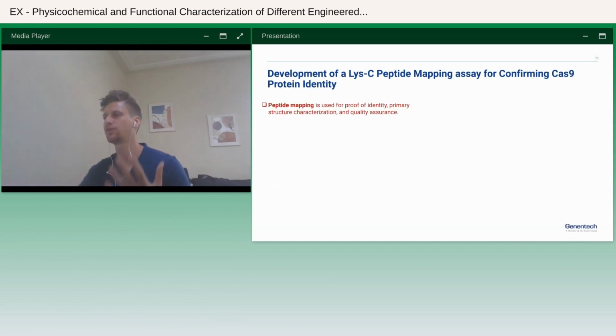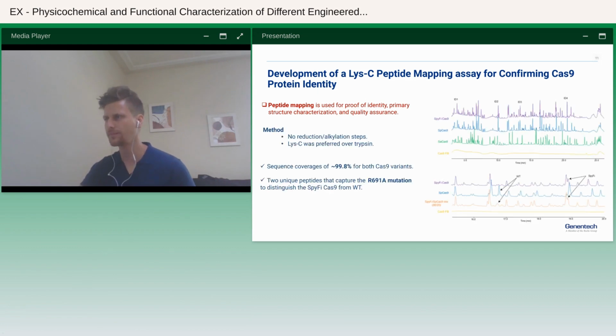Now, if we want to go further, we can develop a peptide mapping for Cas9. Peptide mapping is conventionally used and recommended by the regulatory agencies. It is used for proof of identity, primary structure characterization, and quality assurance. In this method, we developed a specific method for Cas9 because Cas9 is not very stable.